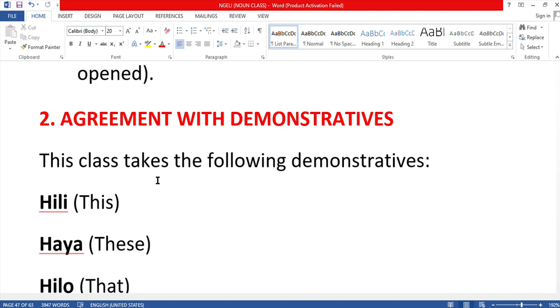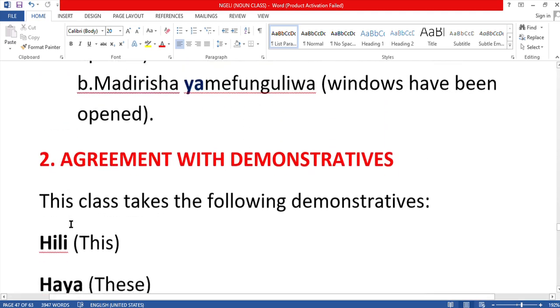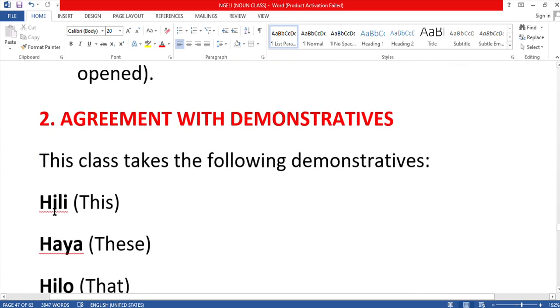So this class takes the following demonstratives. Hili. So you can say gari hili. This car, gari hili.